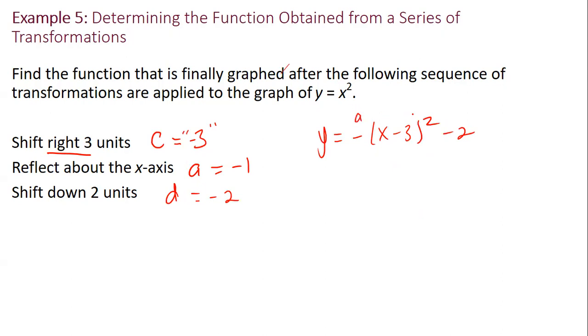That's because here's my A, my C, and my D. I went right 3, I reflected, and I'm going to go down. There's no B here. There wasn't a y-axis reflection or any horizontal compression or stretch.